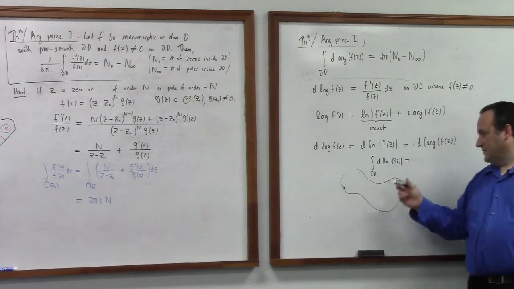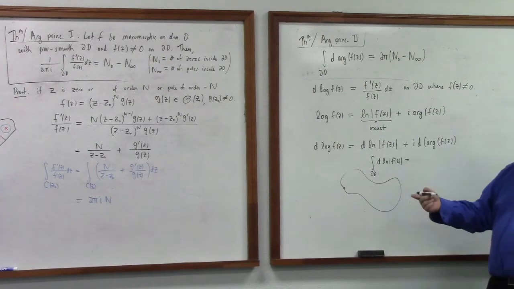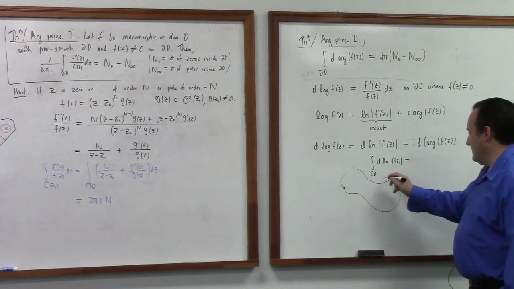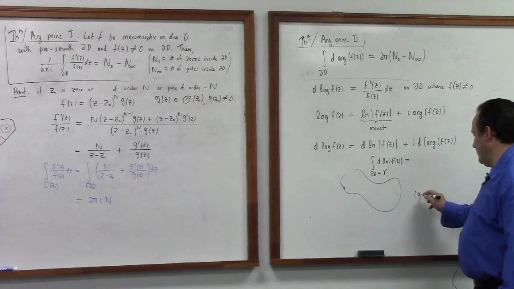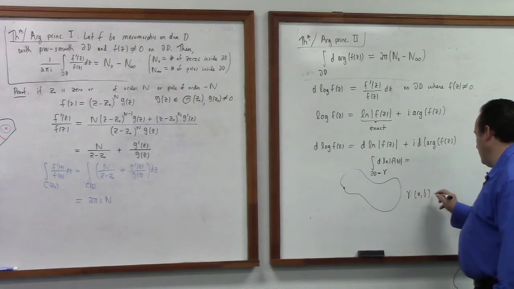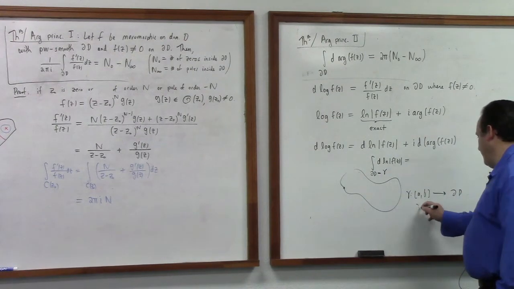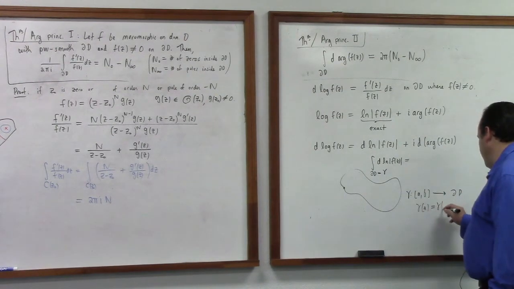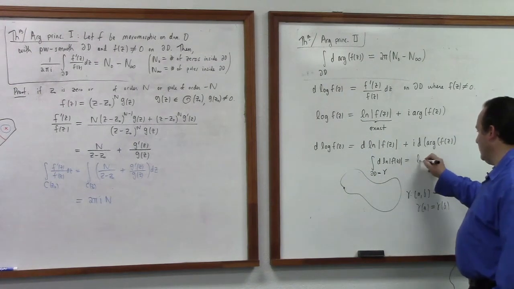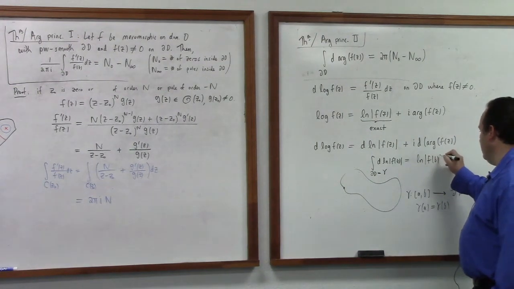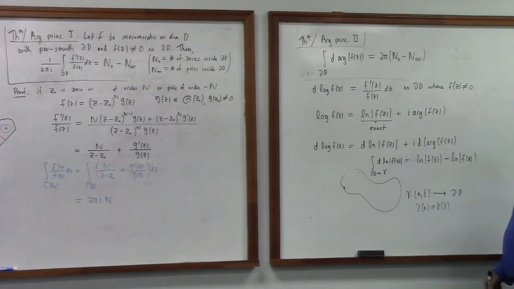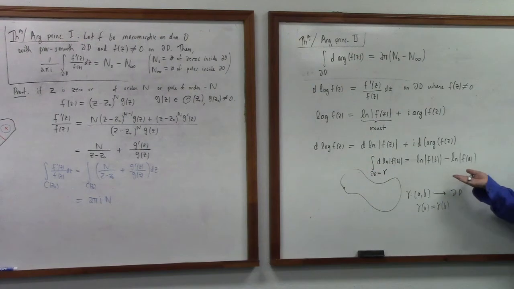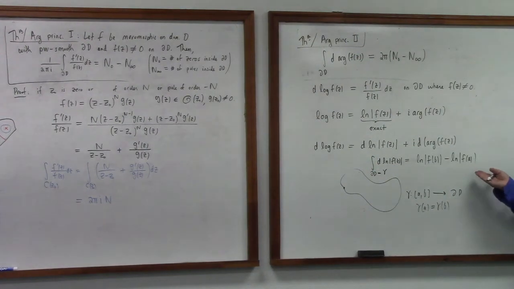If I think of the boundary of D being gamma, going from, say, A to B, so gamma of A is equal to gamma of B, this would be log of f of B minus log of f of A. I can do that meaningfully here because this function is continuous where f of z is not 0.